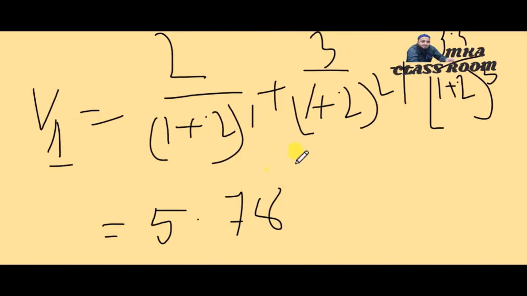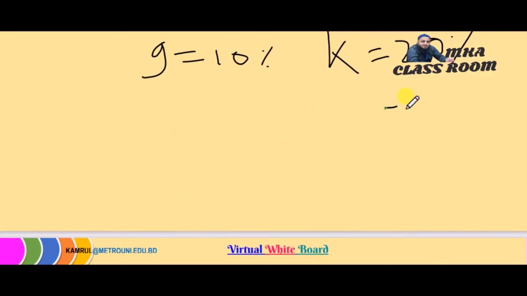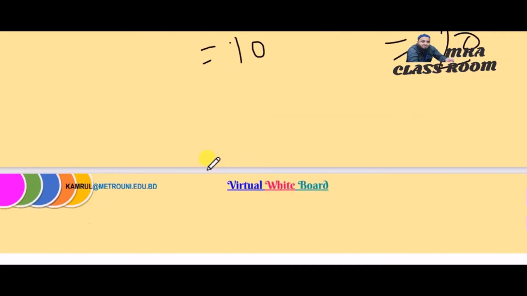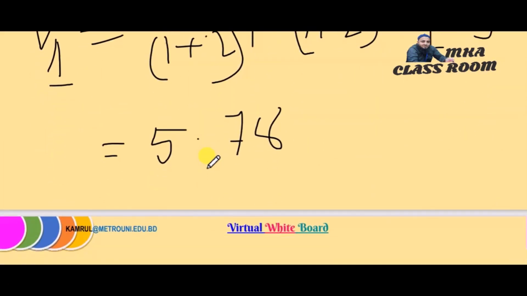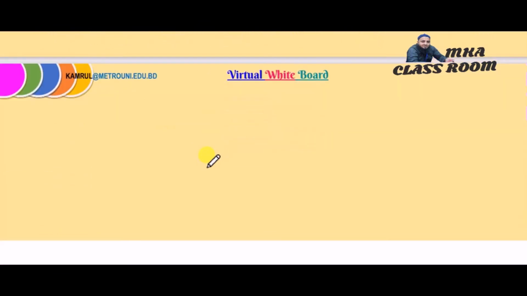Here the required rate of return is 20%, that means 0.20 or 0.2, and growth rate 10%, that means 0.10 or 0.1, expressed in decimal.